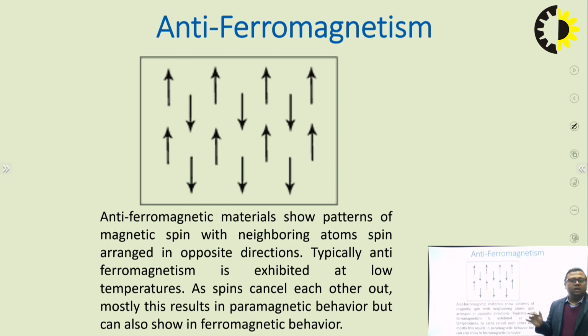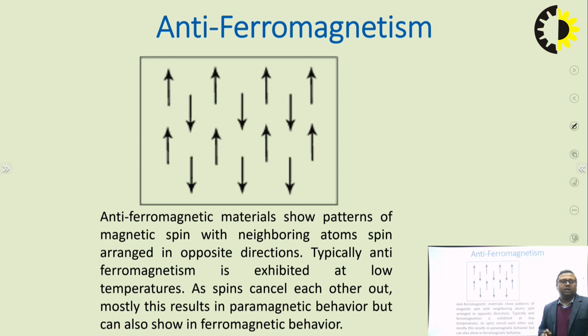materials which possess antiferromagnetic properties are shown like this. The patterns of magnetic spins with neighboring atoms are generally in opposite directions. They are equal in magnitude, but the directions of adjacent spins are opposite.